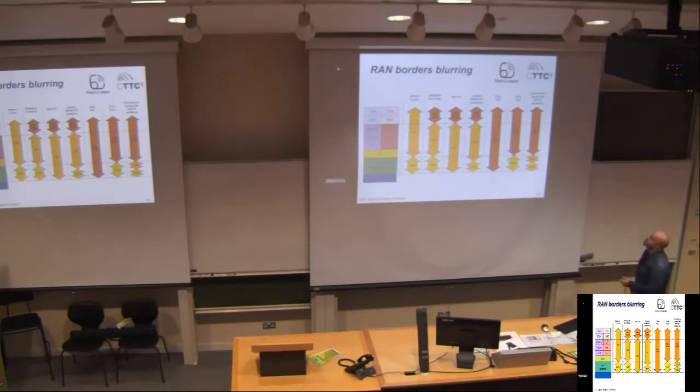So let's fix our attention, for instance, on the cloud stack RAN functional split. This one specifies that from the MAC layer up to the S1 interface, this part of the NFV stack is implemented in a cloud data center.